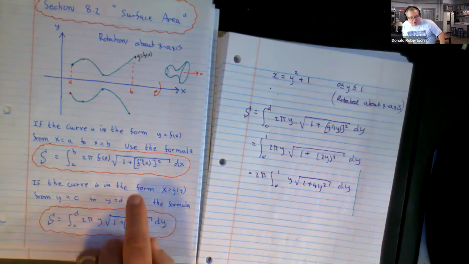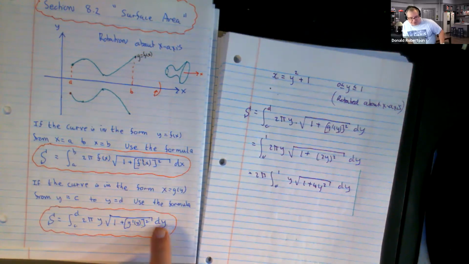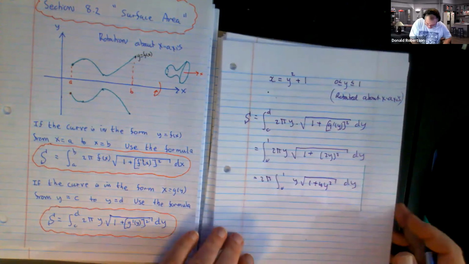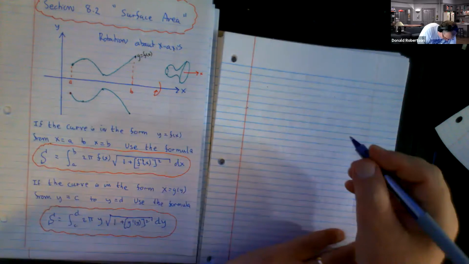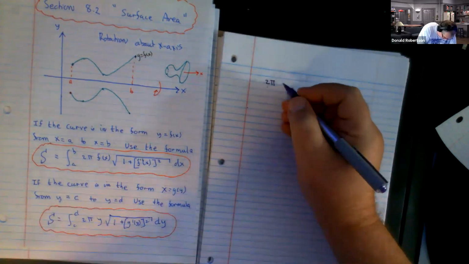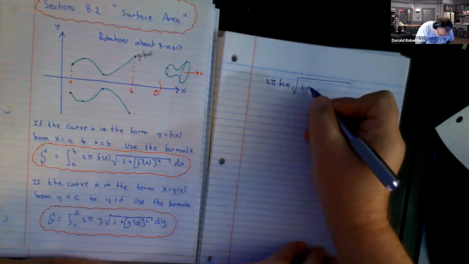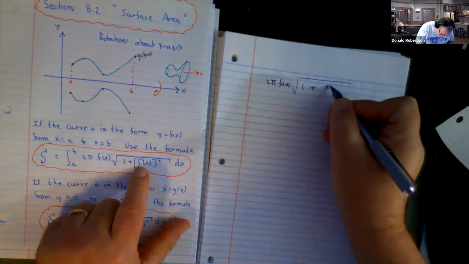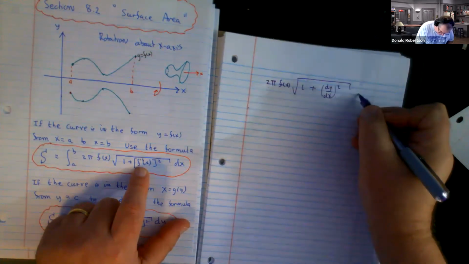So you might say, how can 1 plus a derivative squared dx be the same thing as this fellow? Well, let me show you. Side issue. I'm going to write it down a little bit differently to make it more obvious. We have 2 pi f of x, the square root of 1 plus, but instead of the derivative, I'm going to call it dy by dx squared, and then I'm going to have a dx out here.